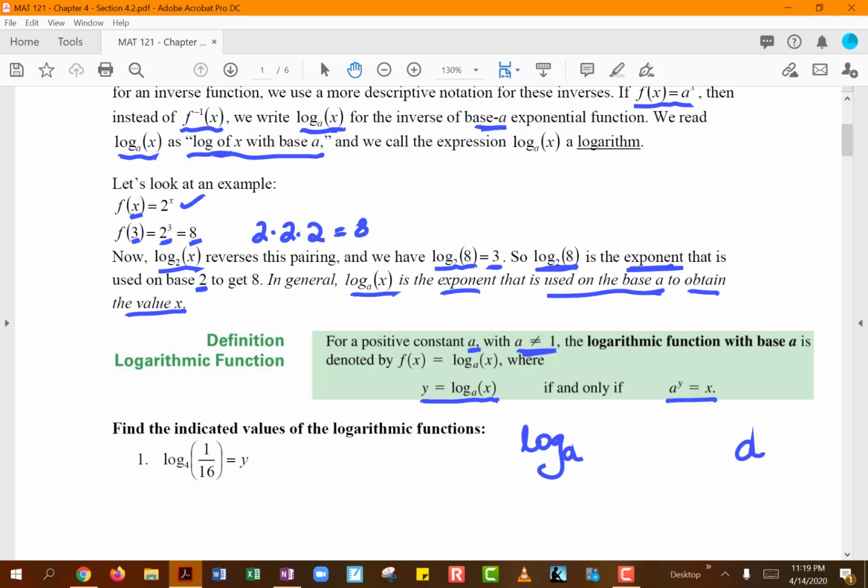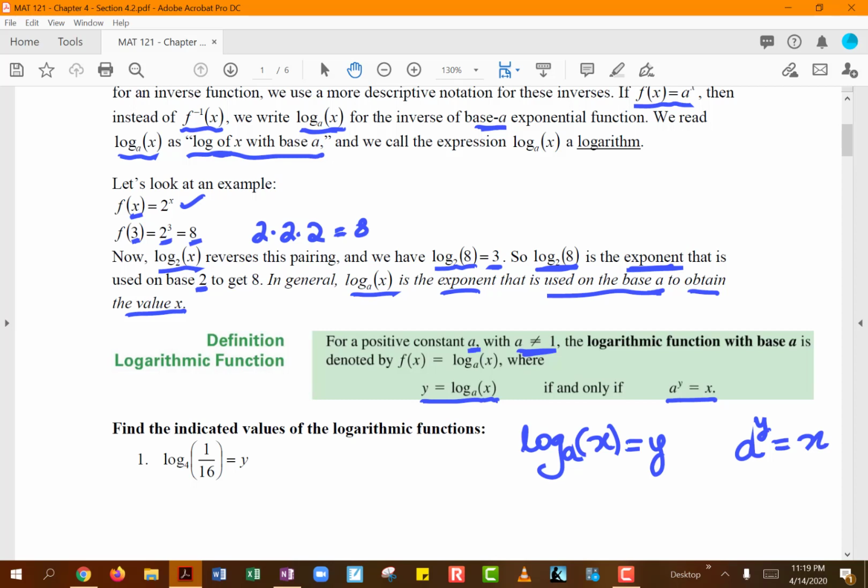Now in the logarithm, you have the value of x, which is next to the log with base a. That x is actually going to be the answer we get in our exponential form. And this exponent y that we raise our base a to is going to be the answer you get from your logarithmic function.